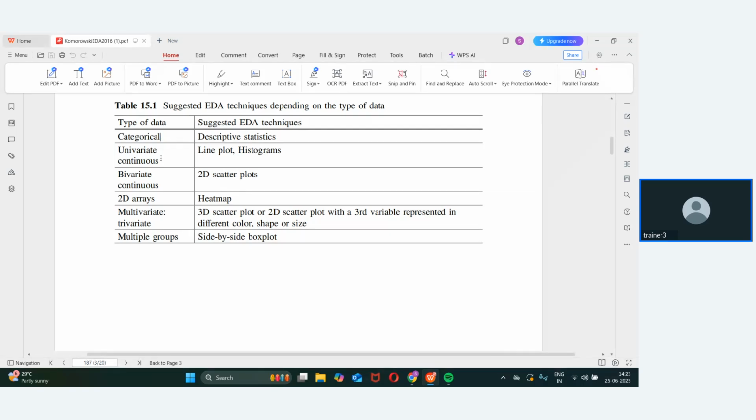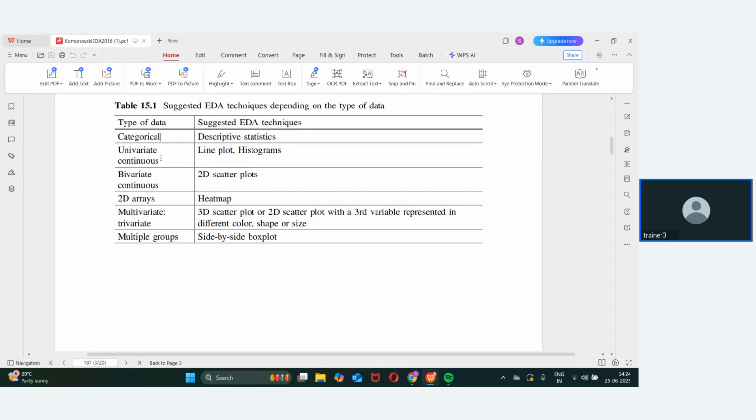What is categorical data? Categorical data is divided into groups or exists as several units, and continuous data is continuous. So coming to categorical data, the EDA technique that can be used is descriptive statistics. And if we are dealing with univariate and continuous data, we have to use line plots and histograms.